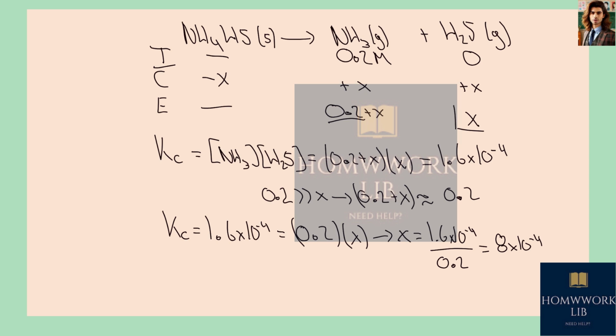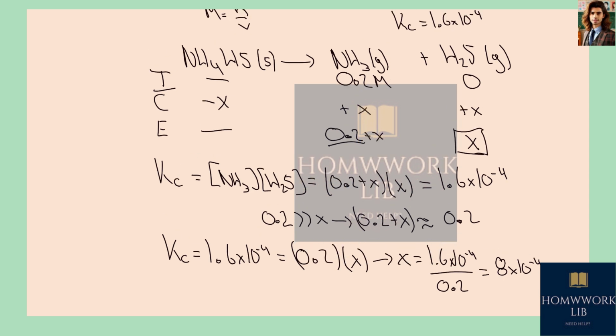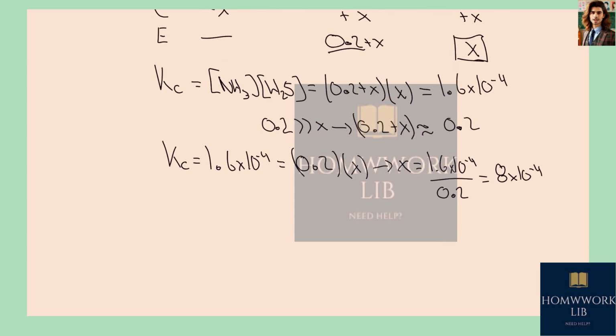Now let's look at what that value of x is. That is the concentration of H2S and the additional value of NH3. So let's write down this thing again. Concentration of NH3 gas was 0.2 plus x.